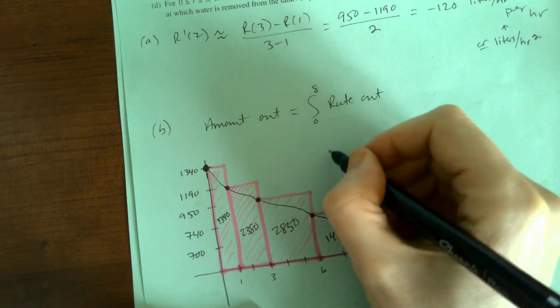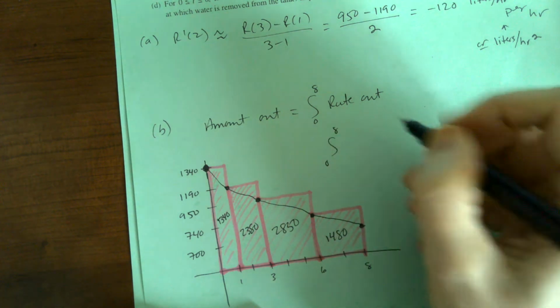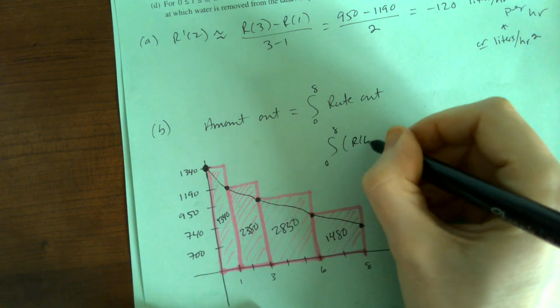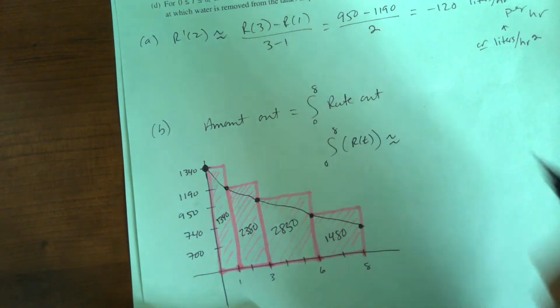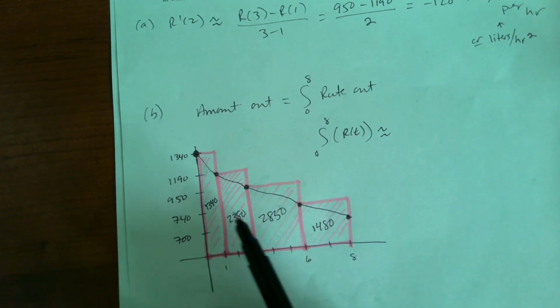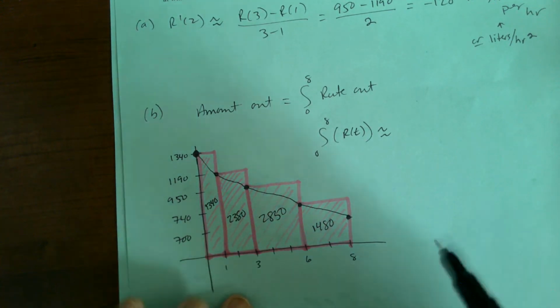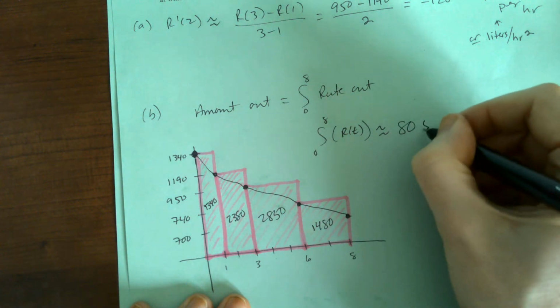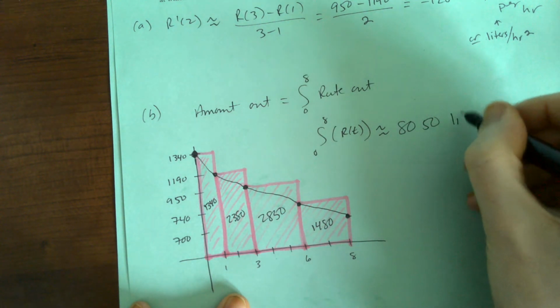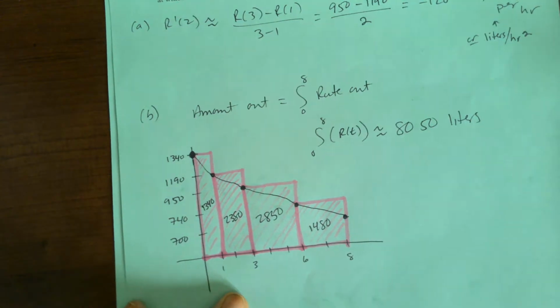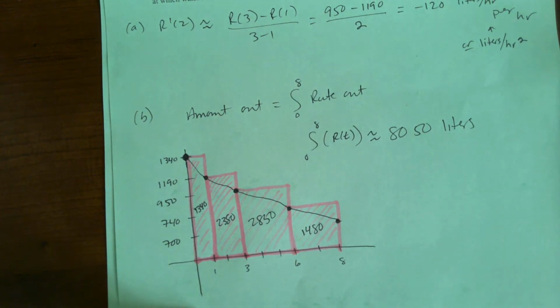So the integral from 0 to 8 of R of t is approximately, and then you add all four of these up, 8,050 liters. Okay, so that's an estimate for the amount of water removed from the tank.